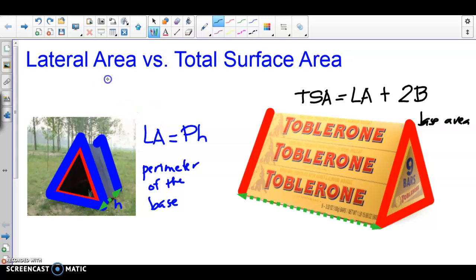So this formula works for prism. And what other polyhedron can you think of that has two bases? Cylinder, right? Okay, so prisms and cylinders have two bases. So the formula for the lateral area is PH, and the formula for the total surface area is LA plus 2B.